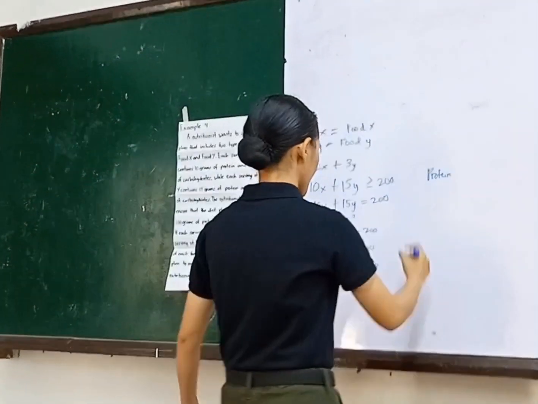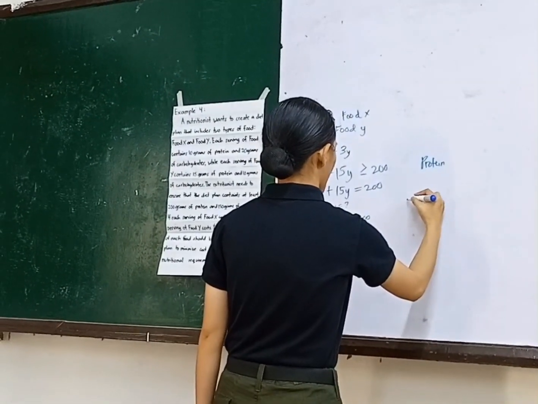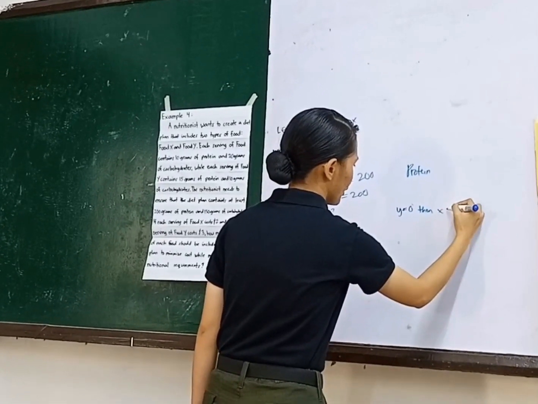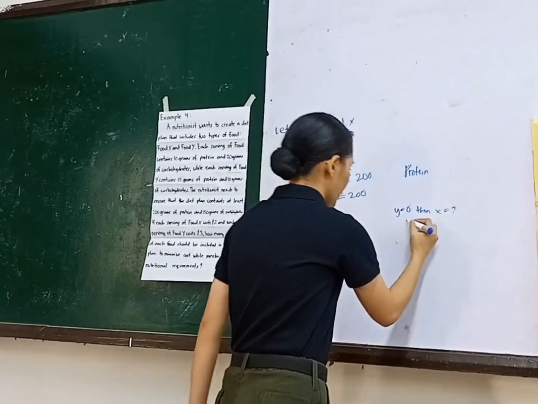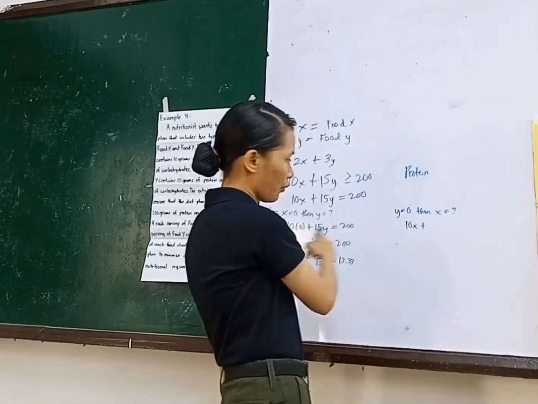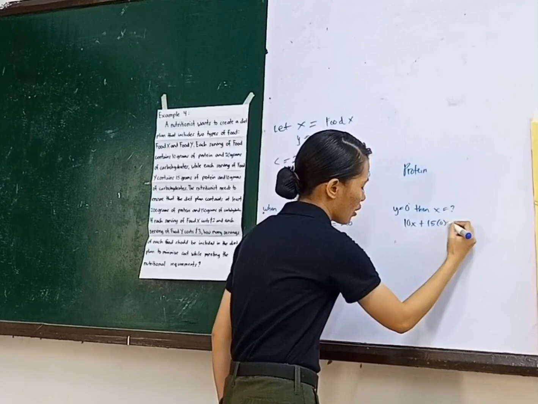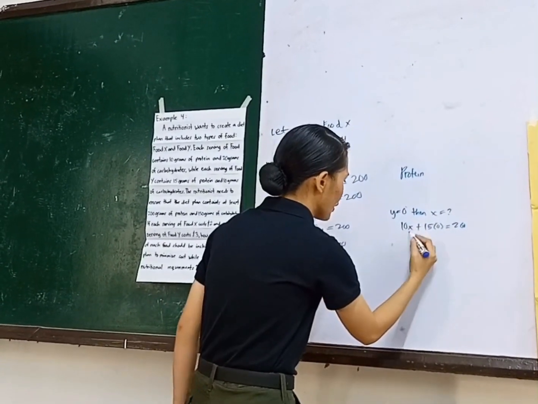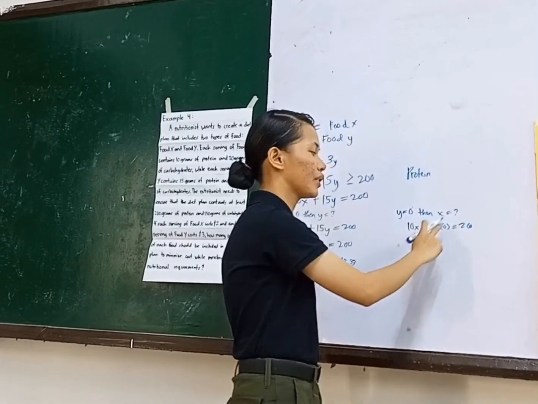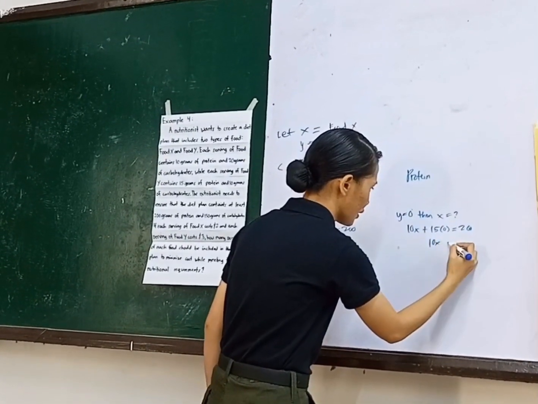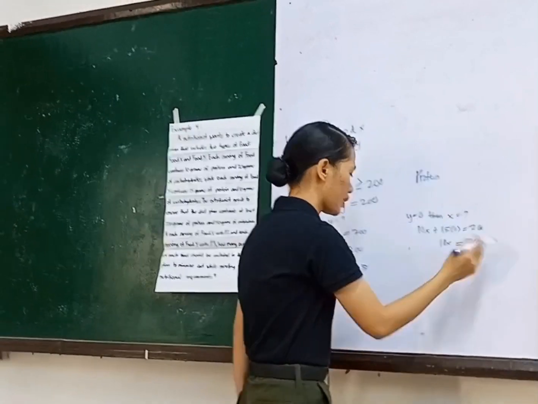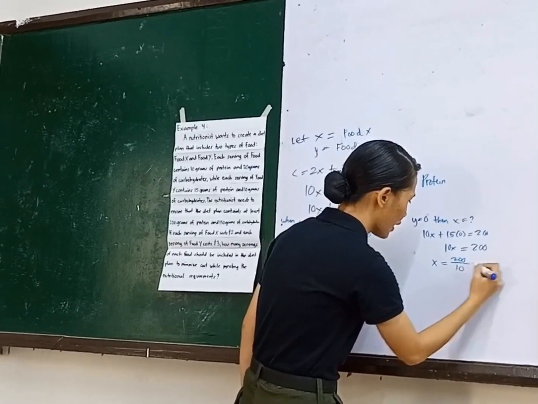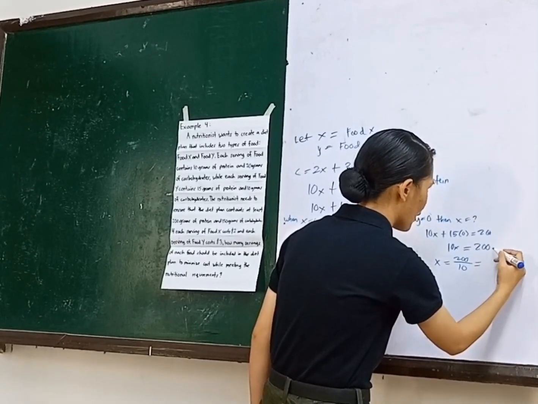The next, when y equals 0, then x equals unknown. So 10x plus 15 times 0 equals 200, and so 10x equals 200. So we divide: x equals 200 divided by 10, which is 20.